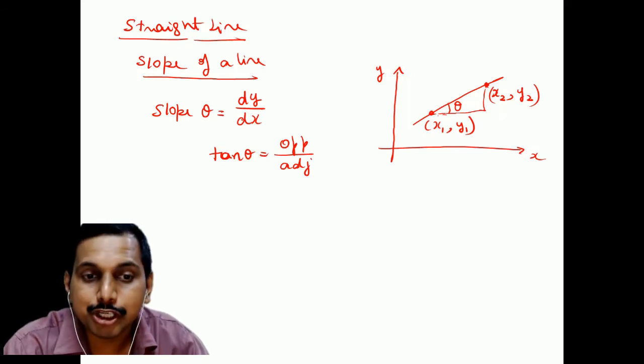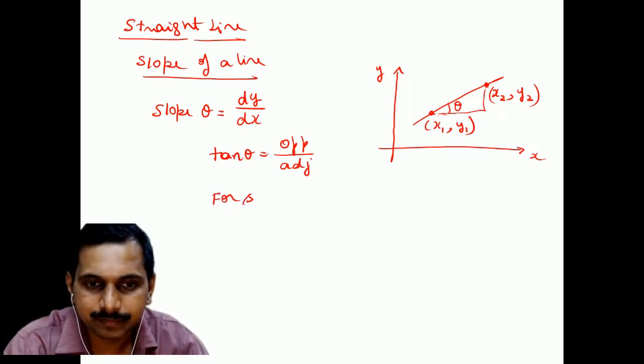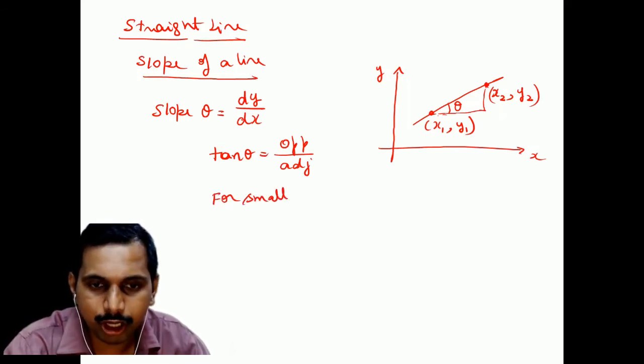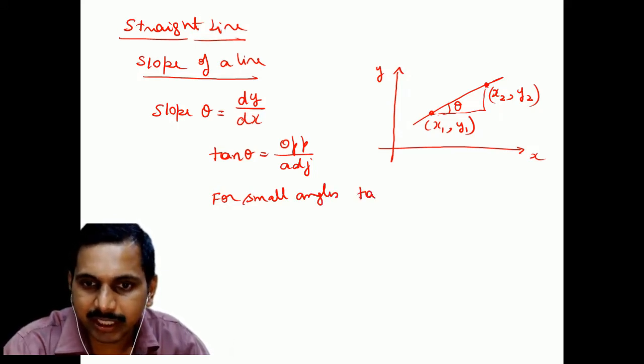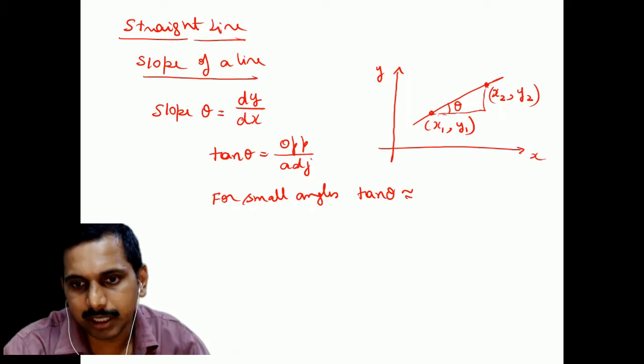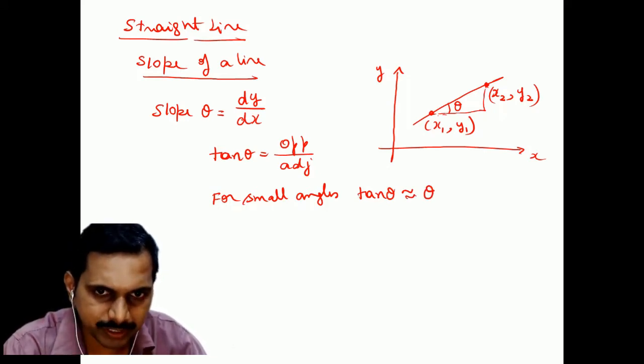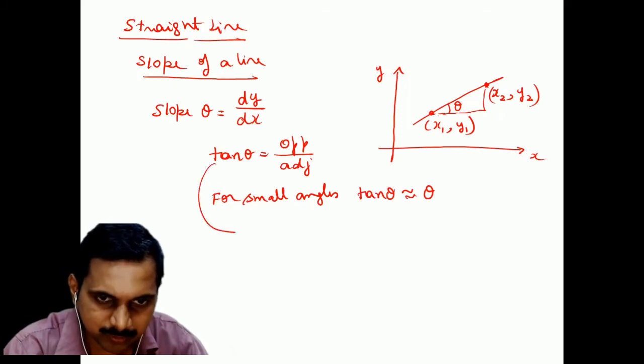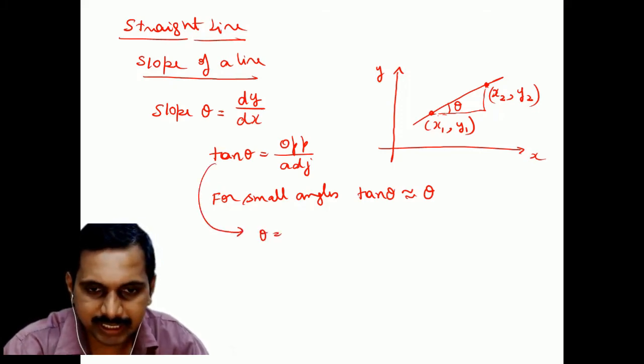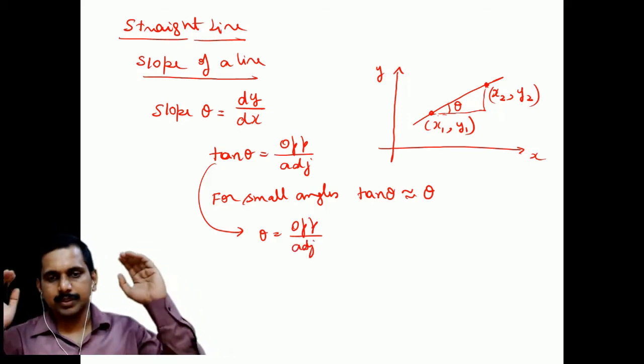Correct? For small angles, tan theta is similar to theta. Do you agree with this, students? Yes, sir. So that is why slope theta is equal to opposite by adjacent. Agreed?